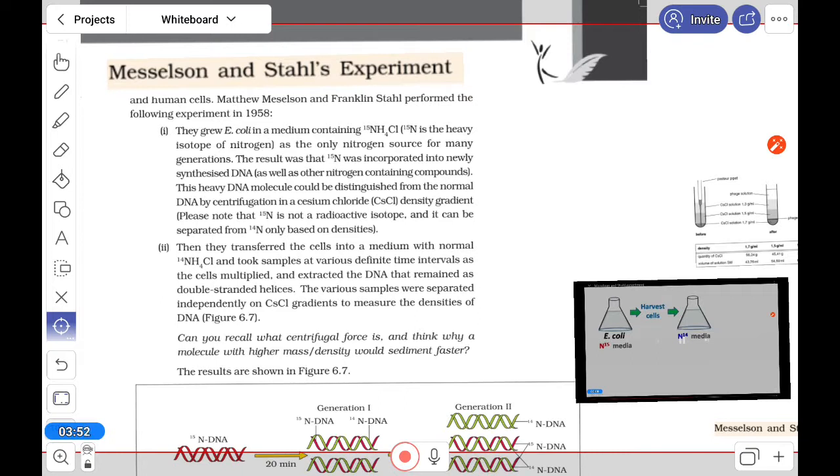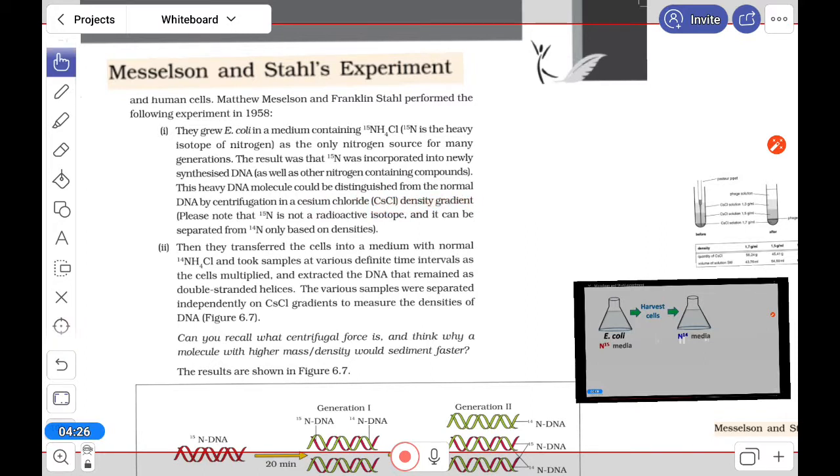You know that nitrogen is a part of DNA. So for many generations, the heavy isotope nitrogen 15 was incorporated into the synthesized strand. After that, it was centrifuged in cesium chloride, which forms a density gradient.